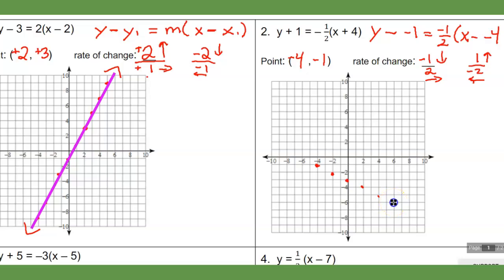Down 1 over 2. Down 1 over 2. Okay. Then also up 1, left 2. There we go. Straight edge.